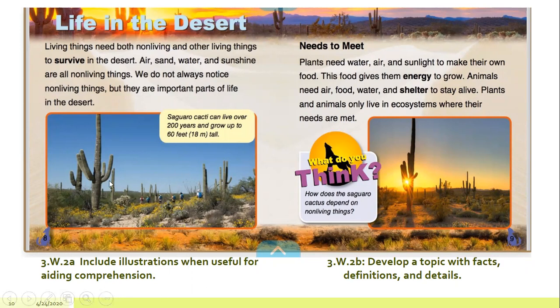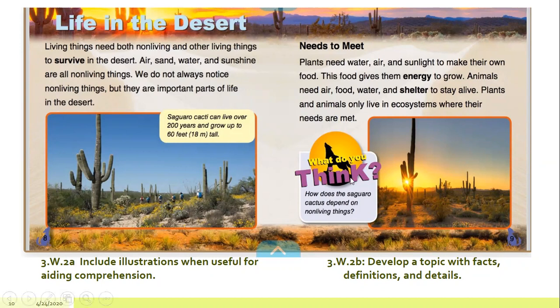That can be done through photographs or drawings, boys and girls. But I also want you to notice on this page, they have words in bold: survive, energy, and shelter. When you see words in bold, it usually suggests that you could find them in a glossary or a words to know page. Then I want you to think about something else on this page.